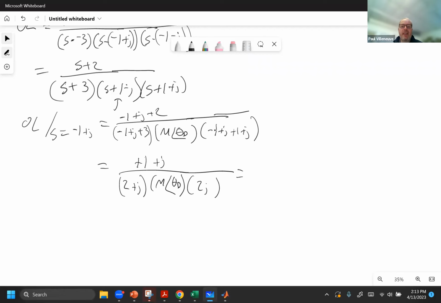All right, give me some angles, please. Any angles? Well, this one should be pretty easy, right? The numerator is 45. What about over here? What is the angle of 2 over j?